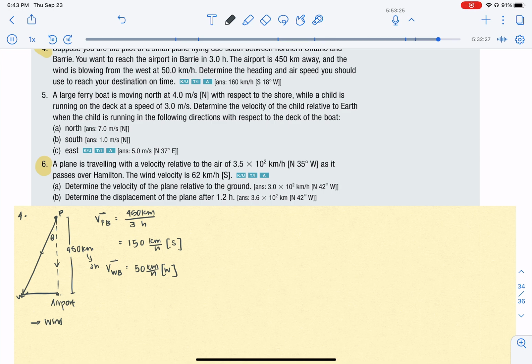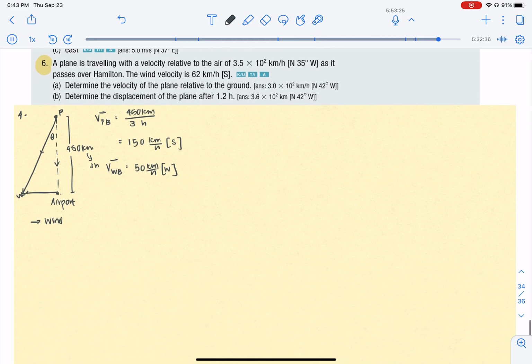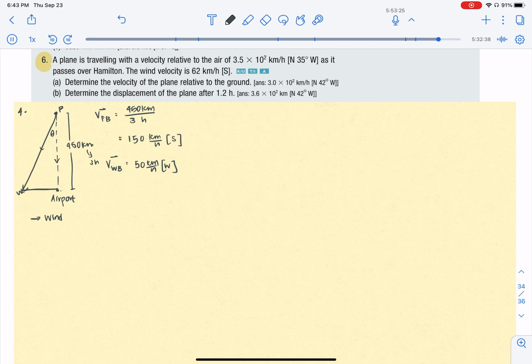So the next part, as always, is to draw a diagram. So if we draw the diagram for this one, here's the shore on one side, shore on the other. Jake wants to go this way, straight across. So that's the velocity of Jake relative to the shore, right?